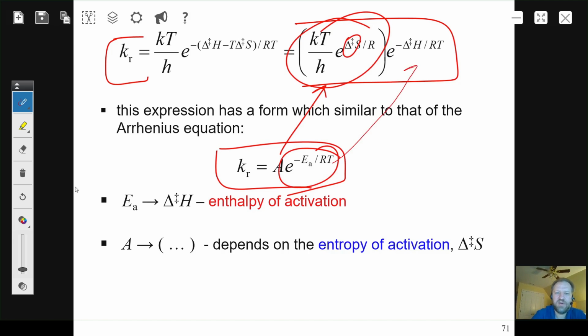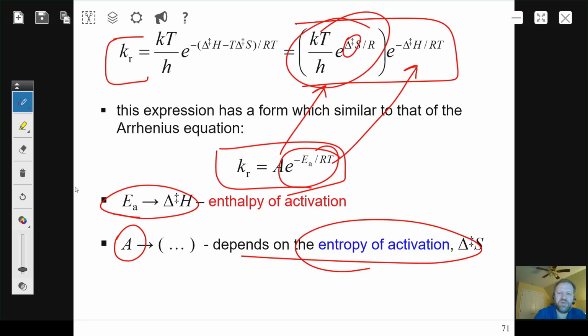And the exponential factor that includes activation energy is very much similar in form to that which includes the activation enthalpy. So we can basically relate the activation energy with the enthalpy of activation. How cool is that? And we can associate the frequency factor A, or pre-exponential factor A, with the entropy of activation, even though that dependence, as you can see, is relatively complicated. So it's an exponential form.